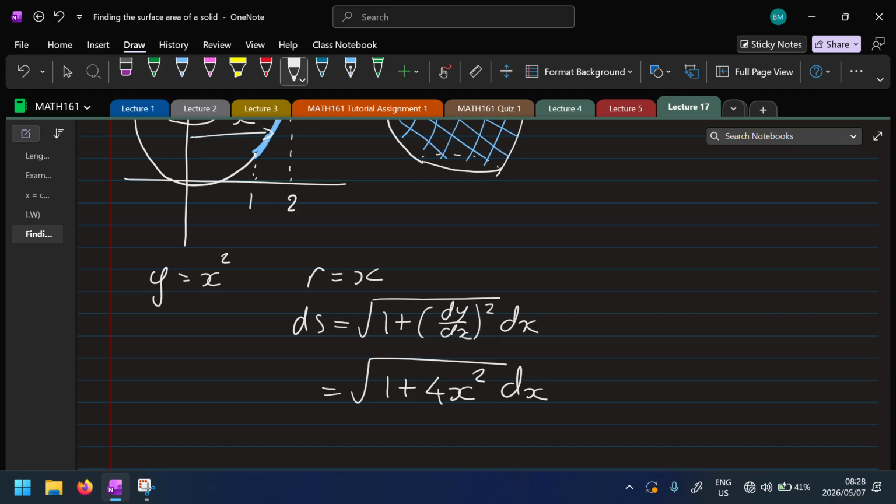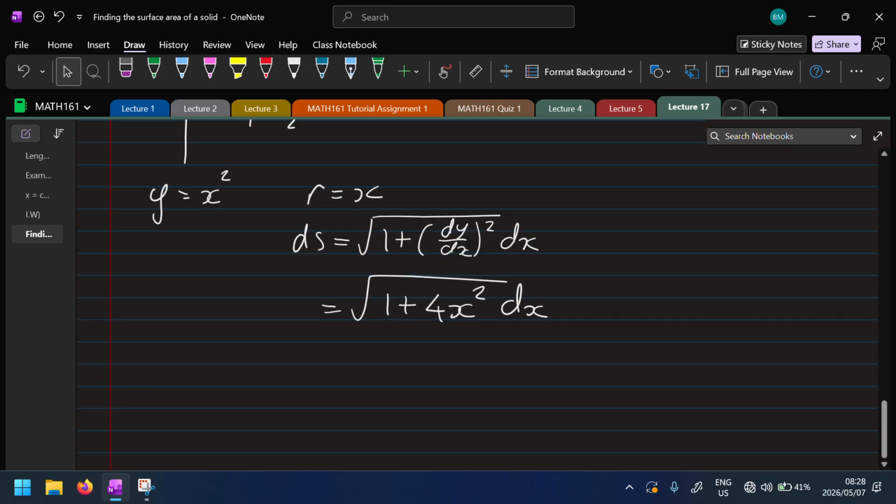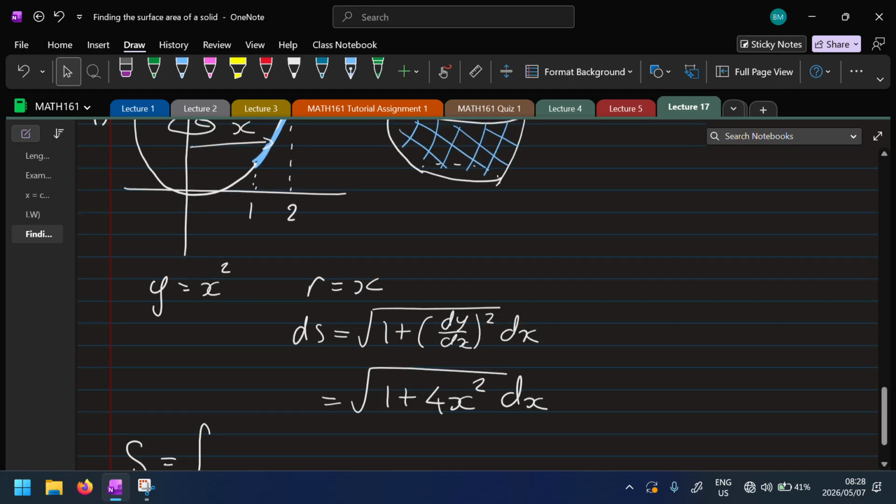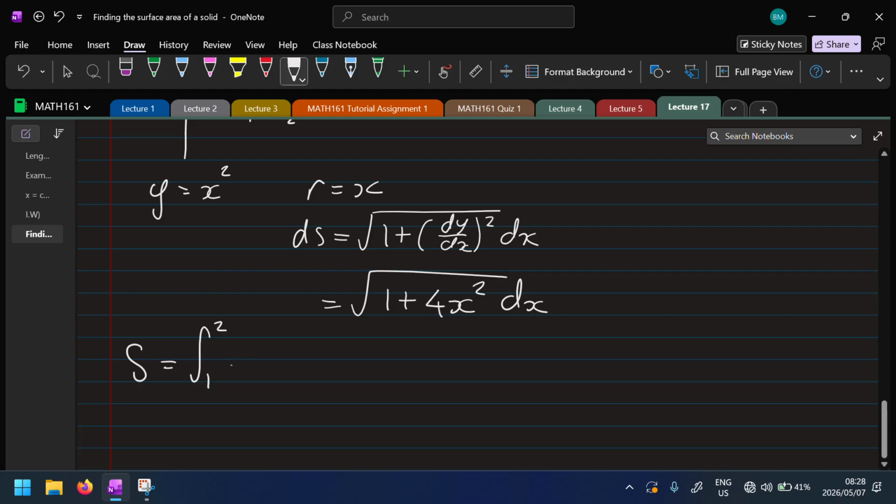So we can substitute. So that's the integral from 1 to 2, 2 pi times the radius, which we said was x, times that little height bit, which was ds dx.